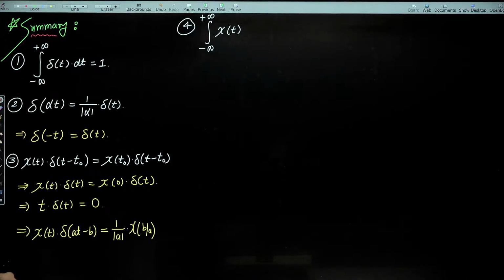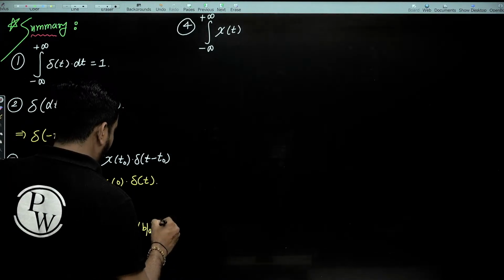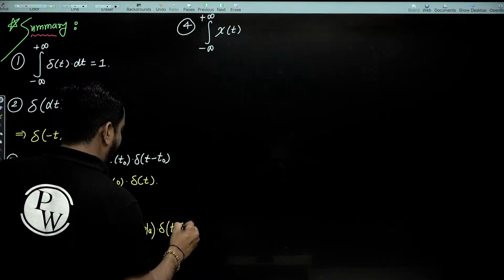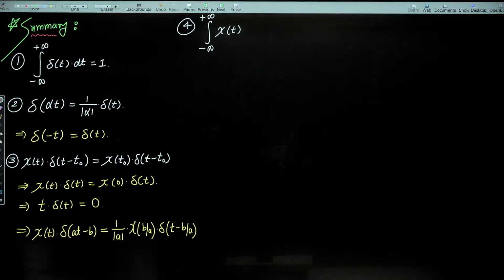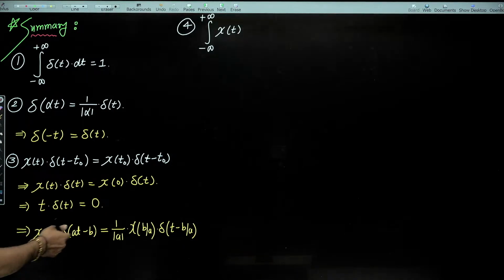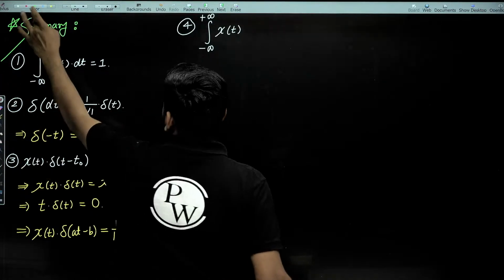So x of t value at b by a into del t minus b by a. Okay, you can take a common, then t naught equal to b by a, put here, so x of b by a into del t minus b by a.